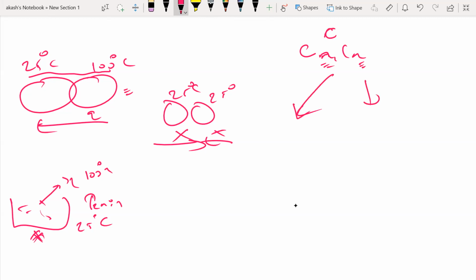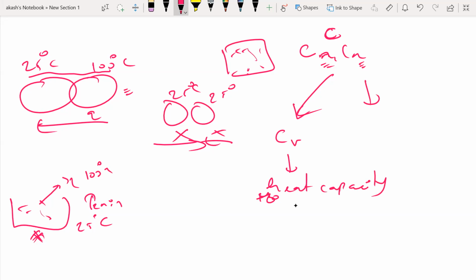In general, I can write just C. If you do the process under constant volume conditions, that means in a closed vessel which cannot expand, then the heat capacity you get is called CV, the heat capacity at constant volume.